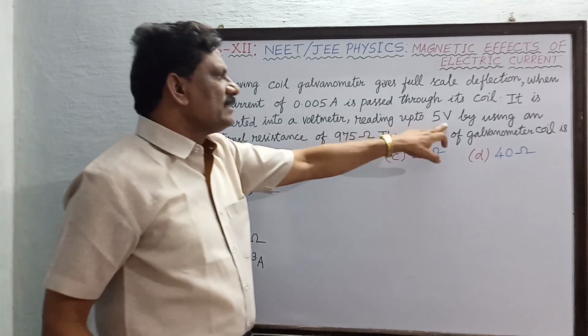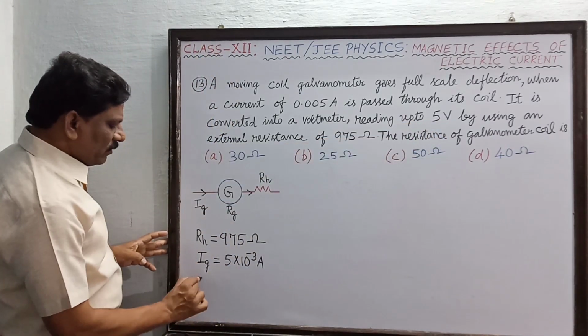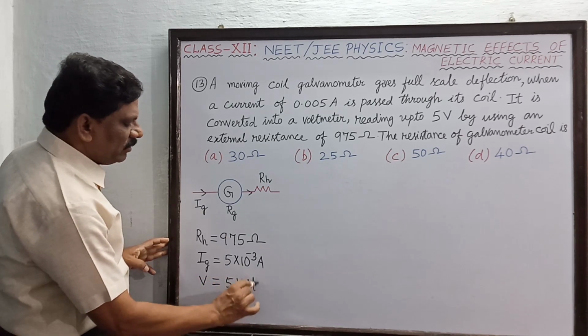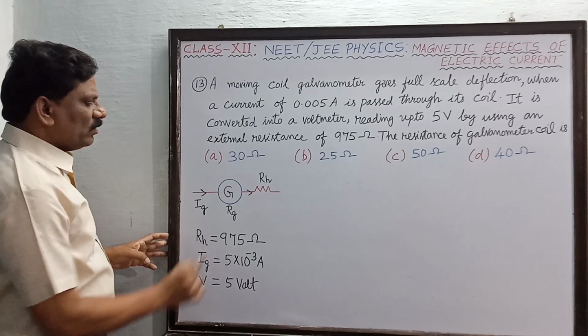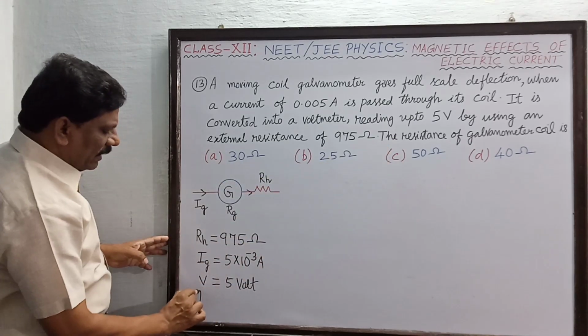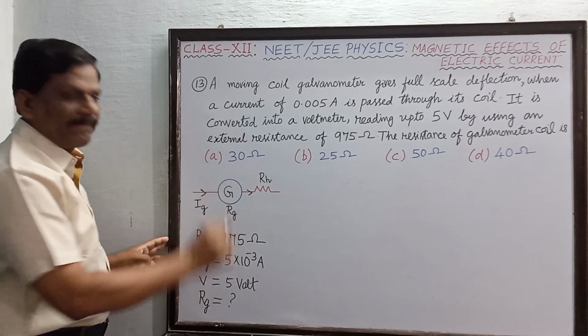Now the voltmeter's full scale deflection reading is 5 volt. So V is equal to 5 volt. Now what is to be found? The resistance of the galvanometer. So Rg has to be determined.